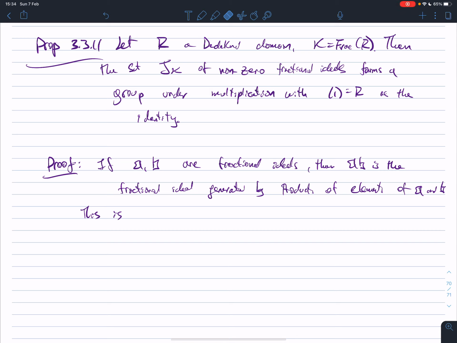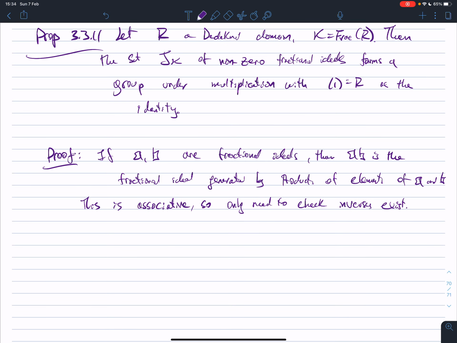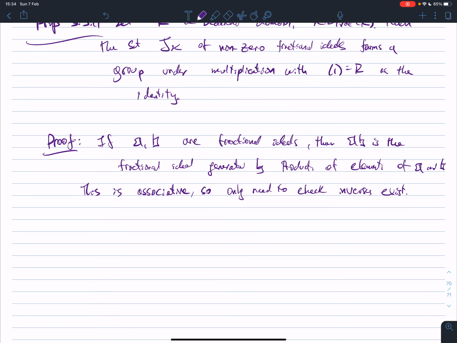So we only need to check the inverse exists. And I guess what the unit element is, but I've told you what I want my unit element to be. I want it to be that one. So let's check for inverses.